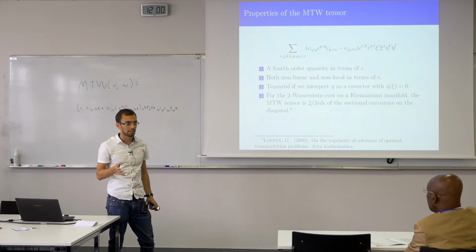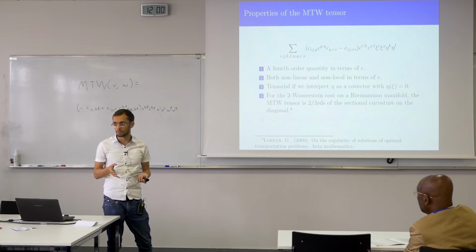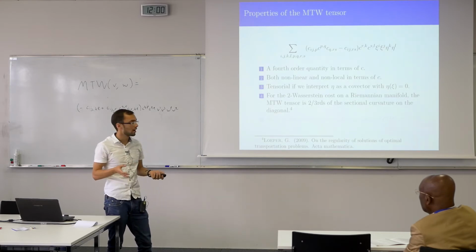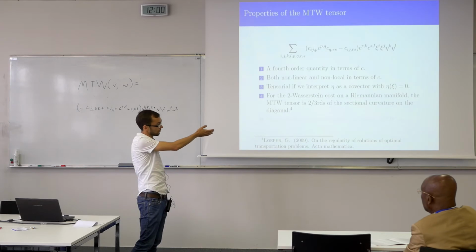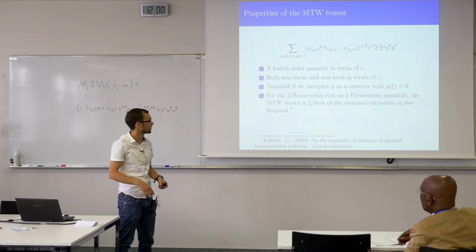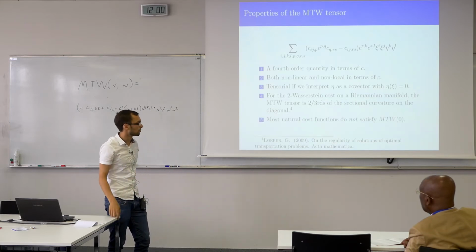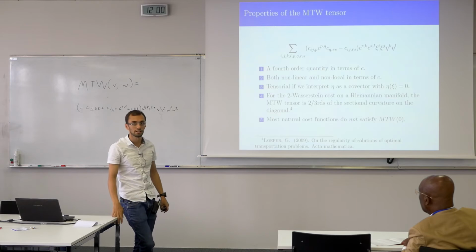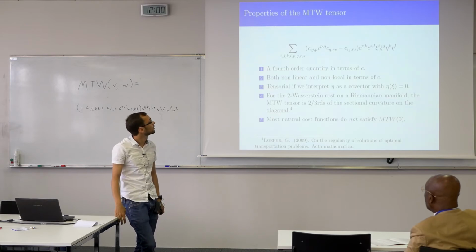So what this shows is that it's really hard to find MTW non-negative costs. For instance, MTW non-negativity implies that the sectional curvature is non-negative, which is a very strong condition. As a result, most natural cost functions don't satisfy this condition at all.